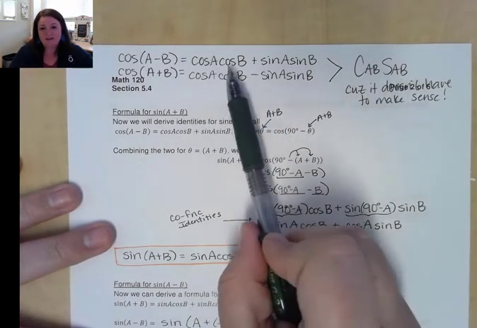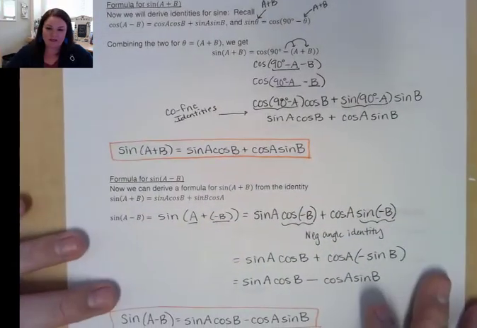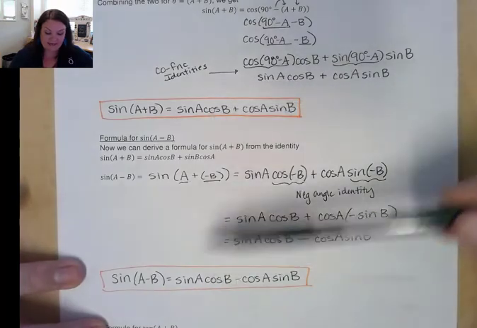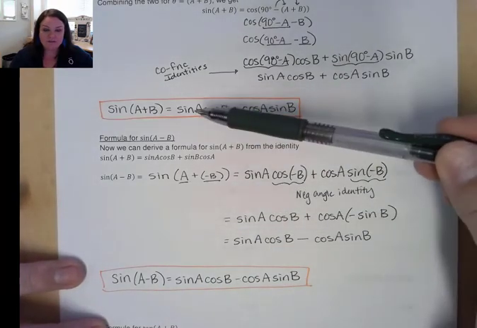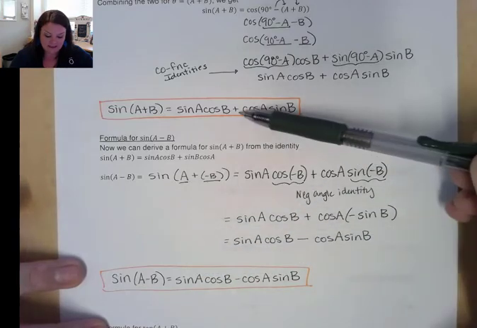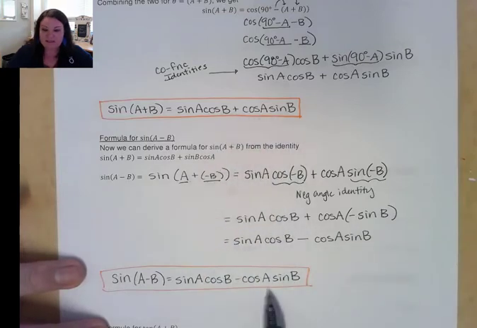Because we're doing cosine of AB, sine of AB, makes a nice little pattern, right? So on this one, I want to change the value. Now, if you look, these are exactly the same, right? The only difference between my addition identity and my subtraction identity is the sign in between the terms. But the actual terms are exactly the same.